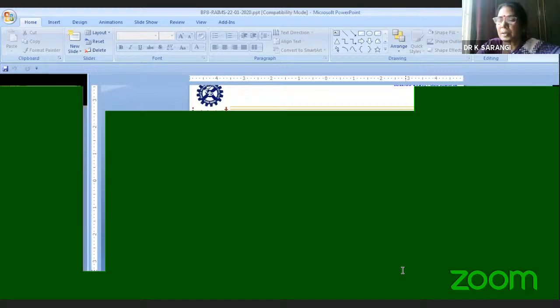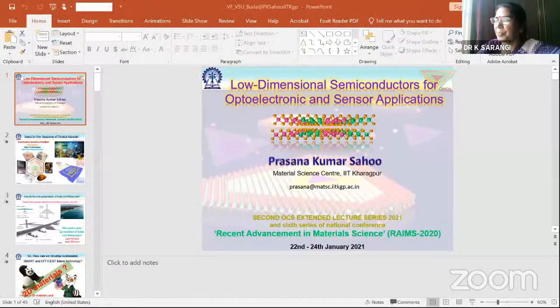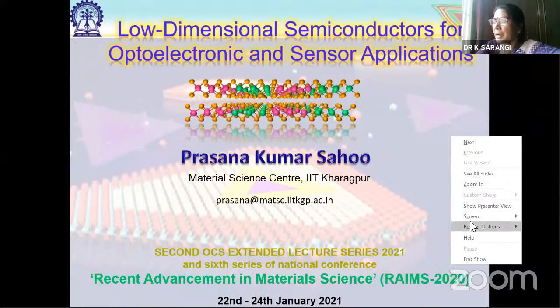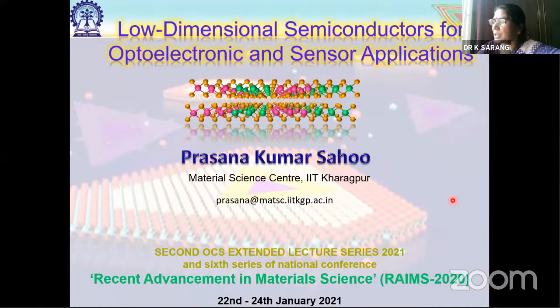Here is the brief biodata of Dr. P.K. Sahu. He is an experimental condensed matter physicist with broad experience in the study of different low-dimensional materials. He obtained his PhD from Homi Bhabha National Institute, and spent several years at the State University of Campinas, Brazil, University of South Florida, USA, and University of Cambridge, UK. Then he joined as assistant professor at the Material Science Center, IIT Kharagpur.